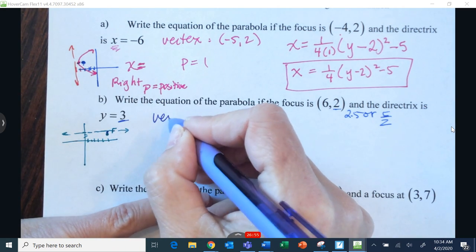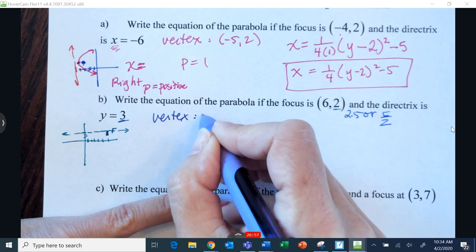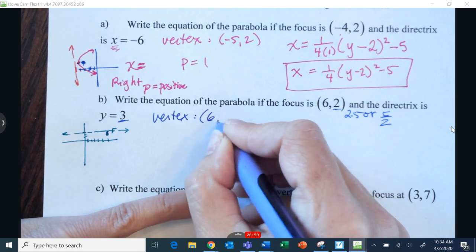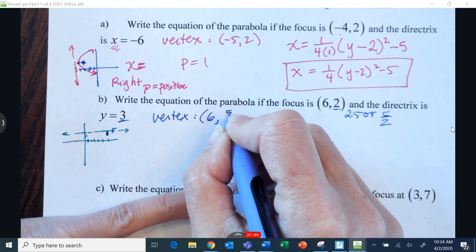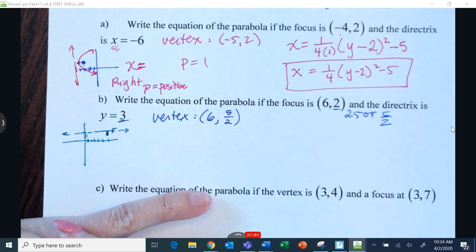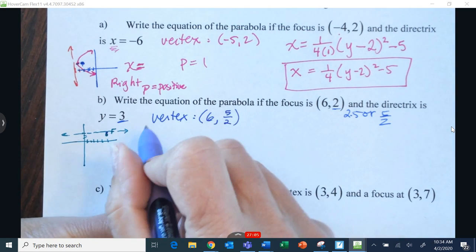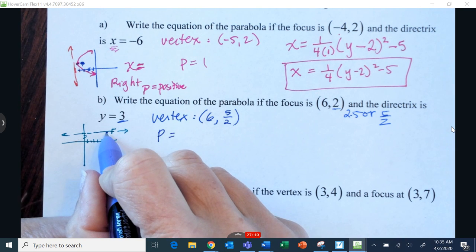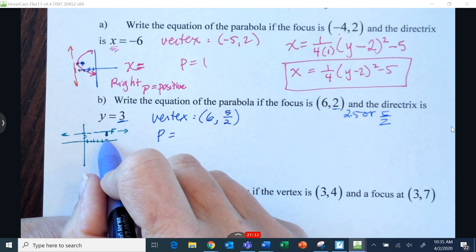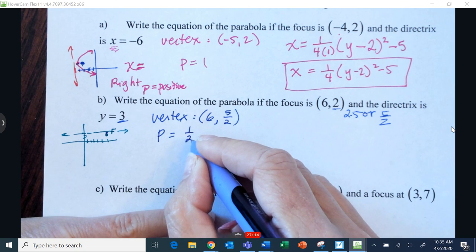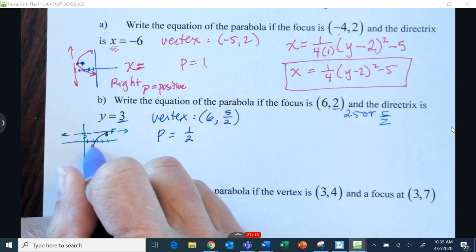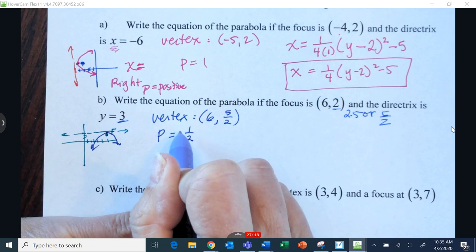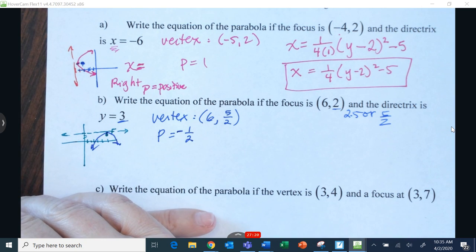So the vertex is at 6 and then 2.5, or 5/2. We need our p-value. The p-value is the difference between the focus and the vertex. So 1/2, except if we look carefully, it's going down, so this is going to be -1/2.